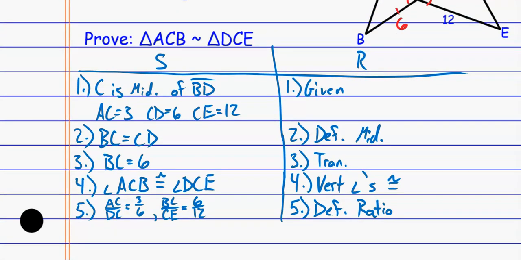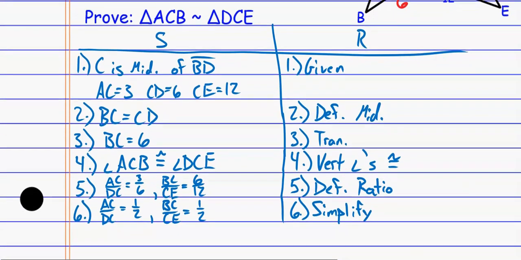And now, of course, I should simplify each of these ratios. That equals 1/2. That also equals 1/2, and that's just me doing a little bit of simplifying. Okay, I'm reducing the fractions.